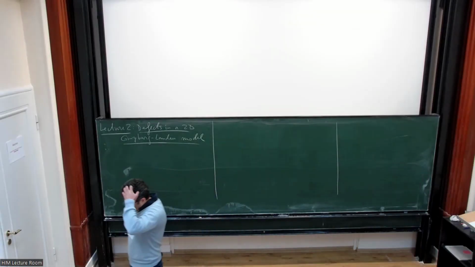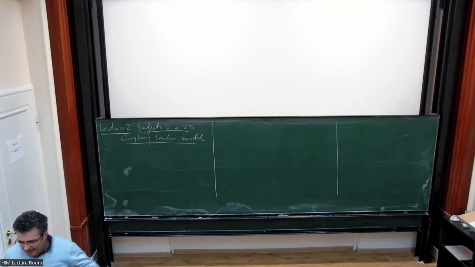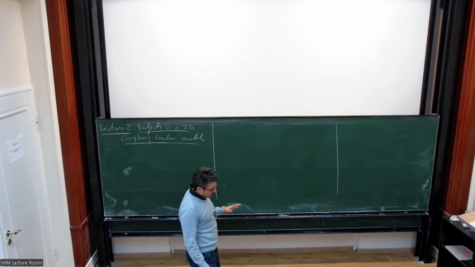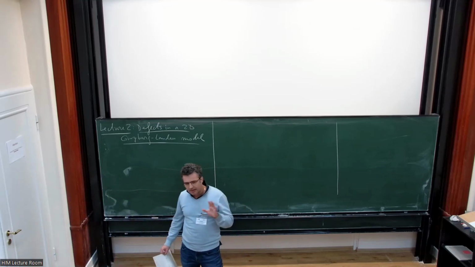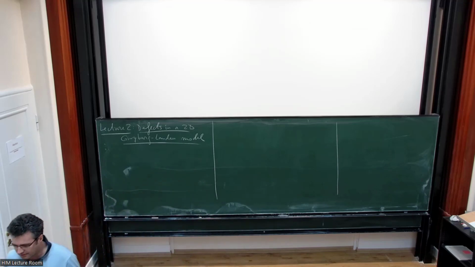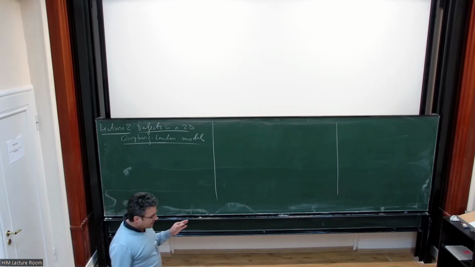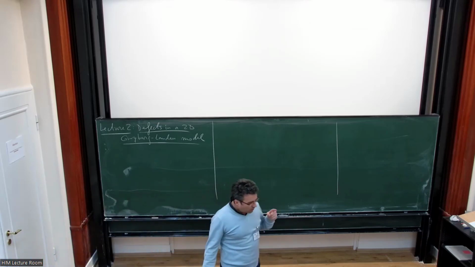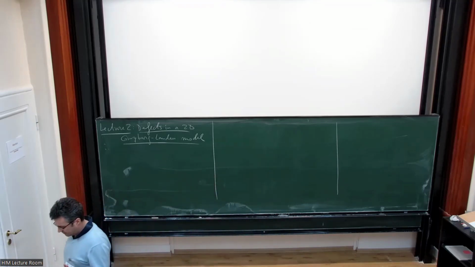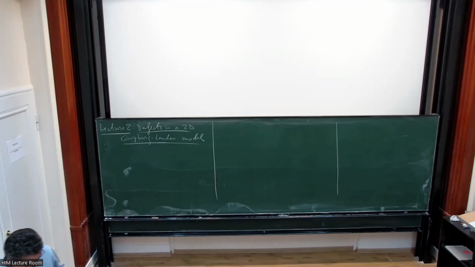Okay, so let's continue with the second part. In this part, we'll try to understand the defects, so point defects having a topological degree for the easy model, that is the Ginzburg-Landau model, where we have oriented gradient field vector fields.